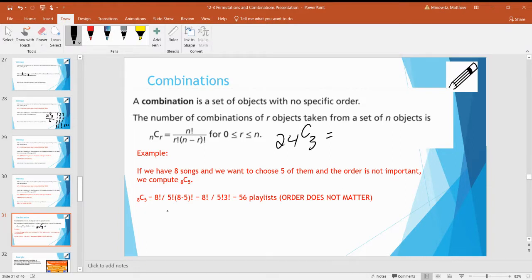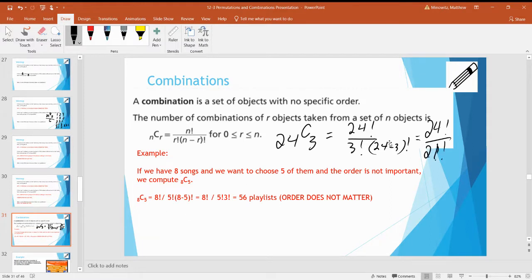Okay, so we had 24 factorial over 3 factorial. And 24 minus 3 factorial. So what we see is we have this 24 factorial over 21 factorial.